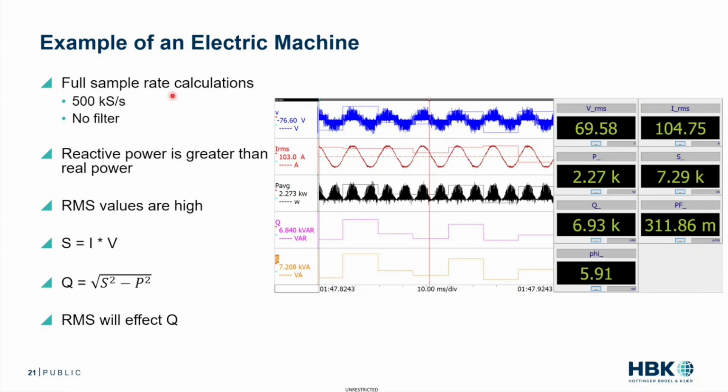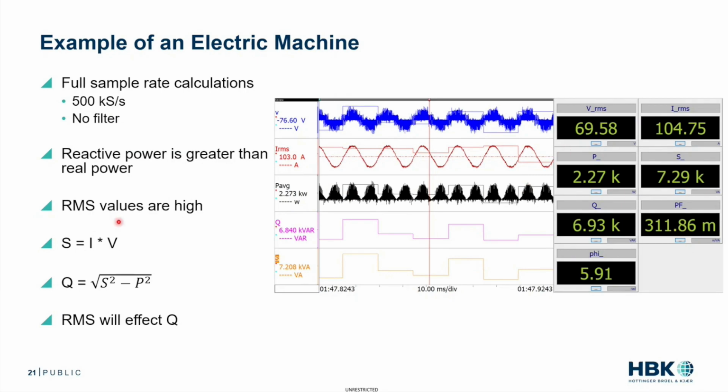So full sample rate calculations, 50 kilohertz, no filter. Apologize, I had it written down. And we see our voltage has, again, the high frequency inverter. Our current has a little ripple to it, but relatively sinusoidal. Our power has those high harmonics.